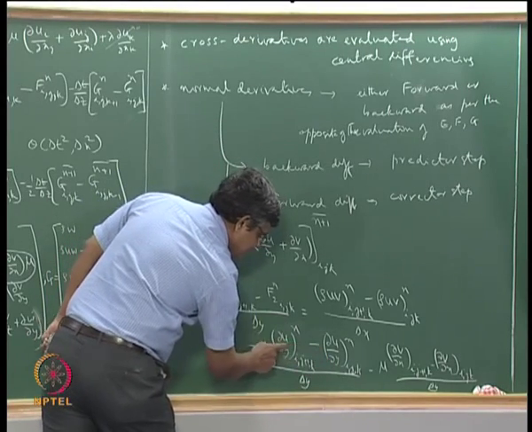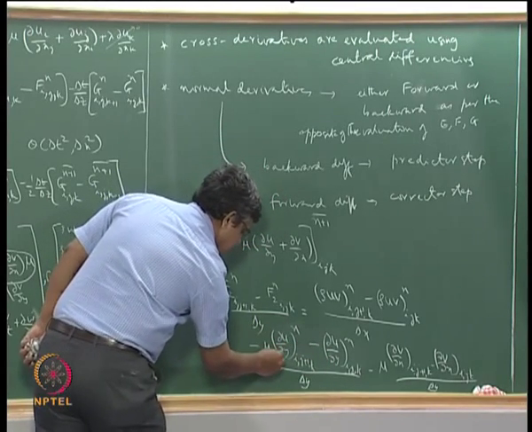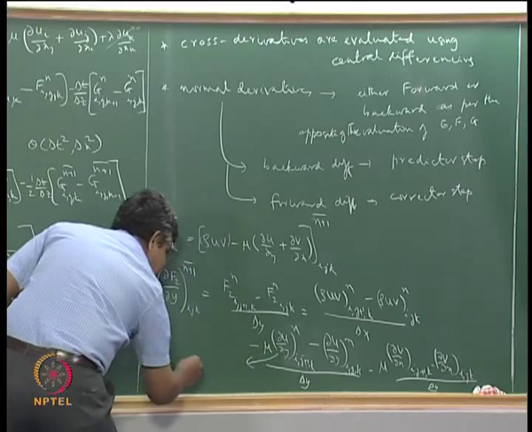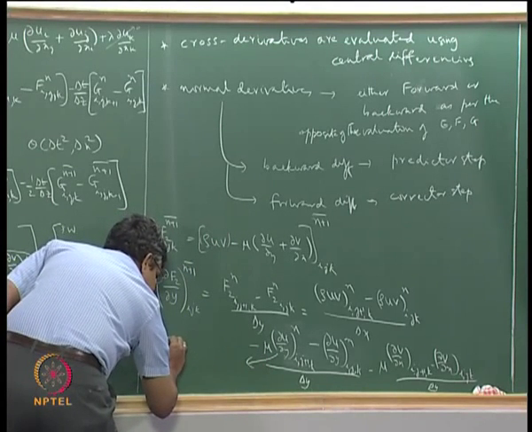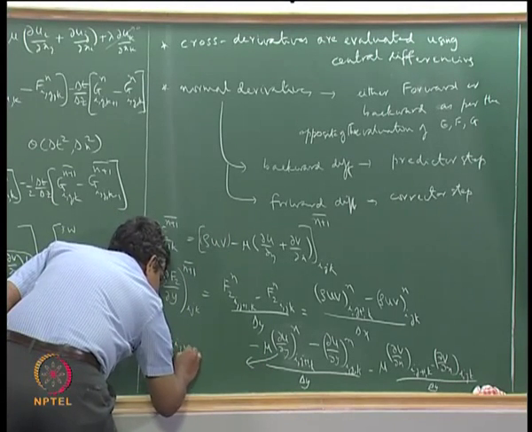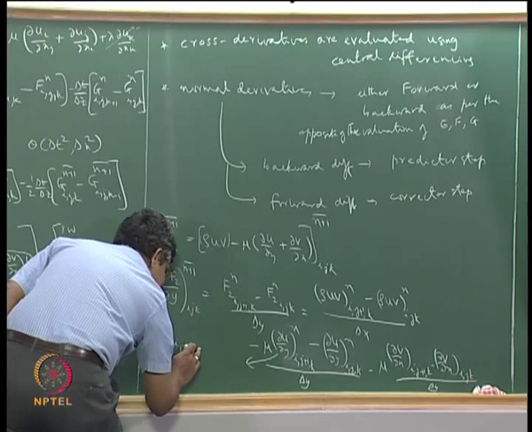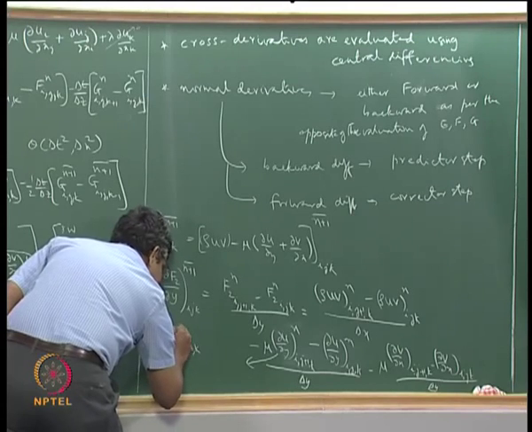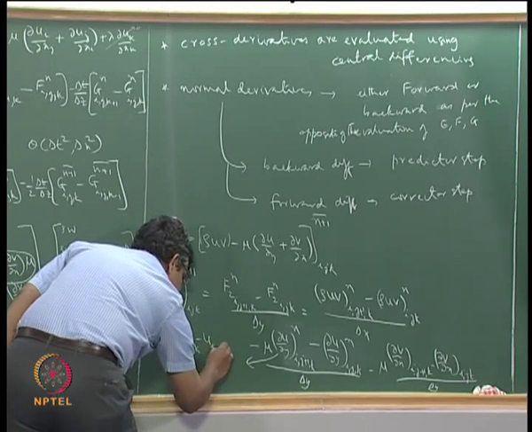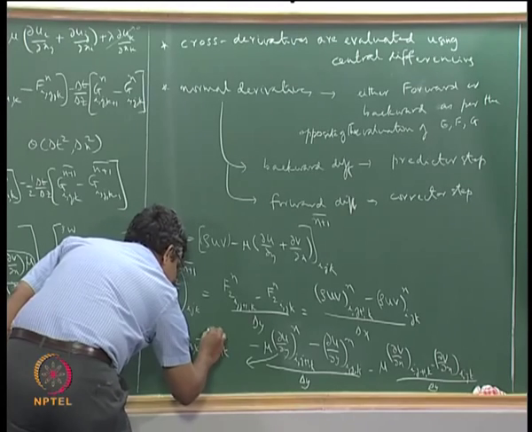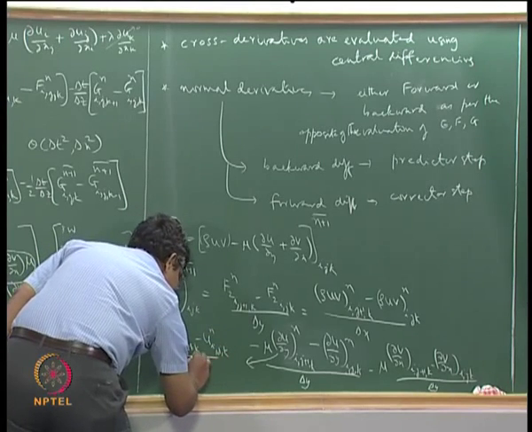Now here and here we have to use backward differencing. So we will write this as u at i, j plus 1, k, n minus u at i, j, k, n, by delta y.